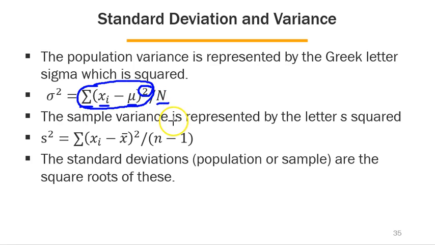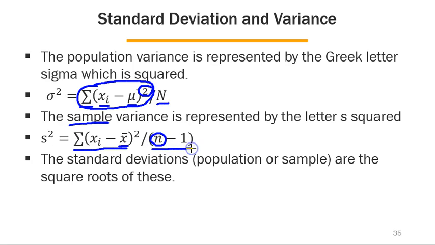So there's a slight difference in moving to the sample value. If we go to the sample variance, all that changes here is now instead of having mu, we have x bar, our estimate for mu. We perform the same function though. We square the deviations, add them all up. But a slight change over here: instead of dividing by n, we divide by n minus 1.